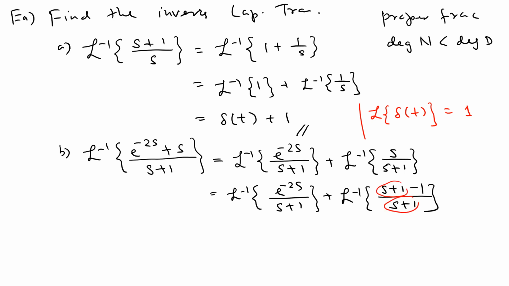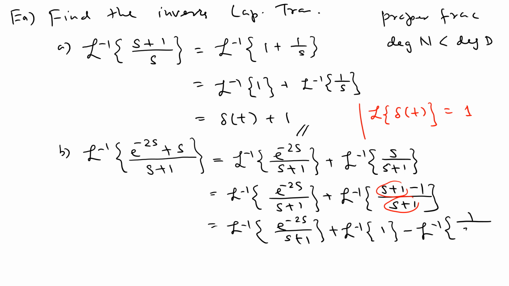So we can write these as the inverse Laplace of e to the minus 2s over s plus 1, plus, if you divide s plus 1 by s plus 1, you get 1, minus, because I'm going to pull the minus sign out, the inverse Laplace of 1 over s plus 1.